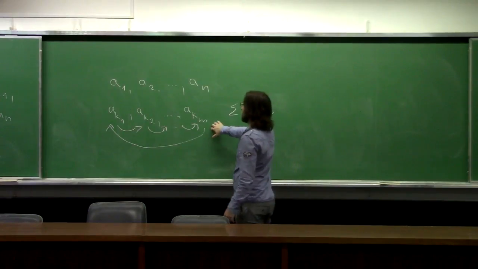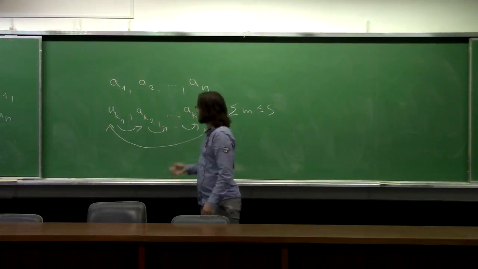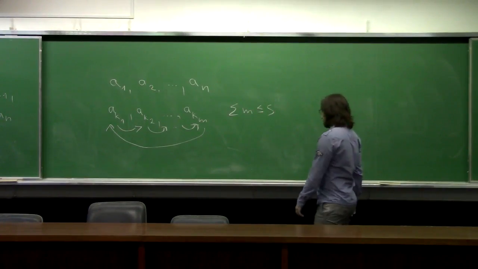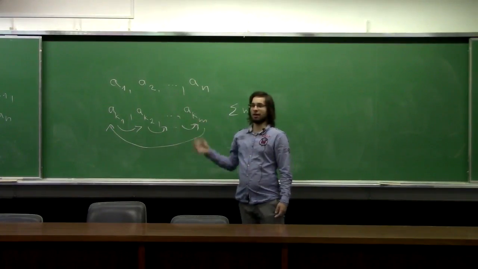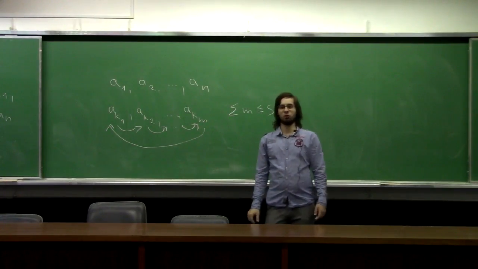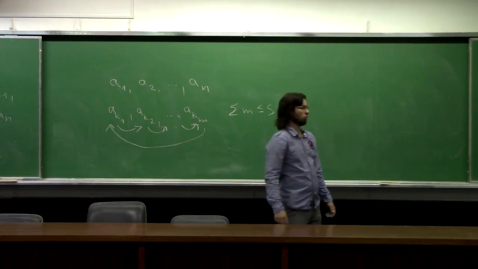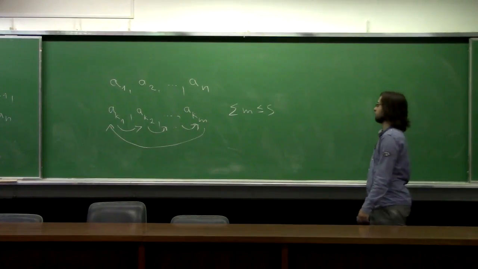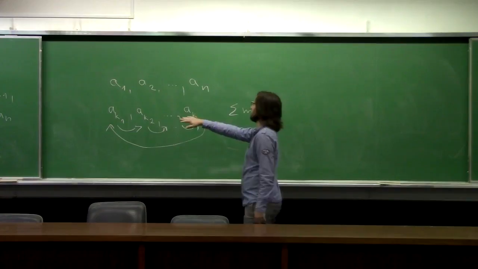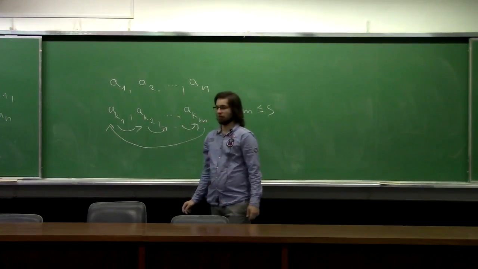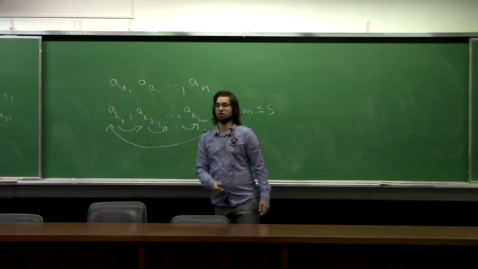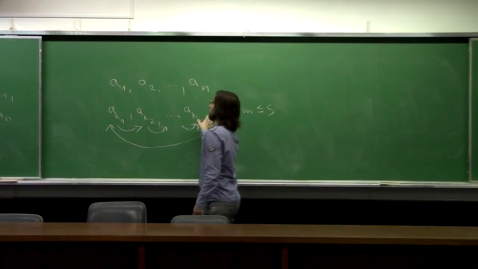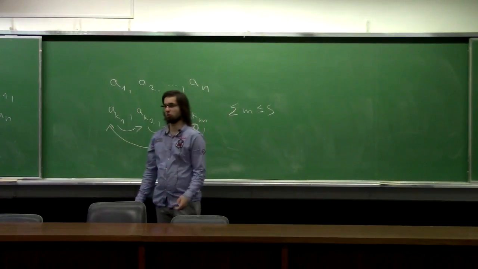But the total size of these 2 cycles used in these two operations is equal to the number of these ai not equal to i plus the number of cycles in them, because the first operation was chaining some C cycles together, and the second operation was just okay. So the first operation had this cyclic shift in a cycle of size C, and the second operation had a cyclic shift of all numbers ai not equal to i.